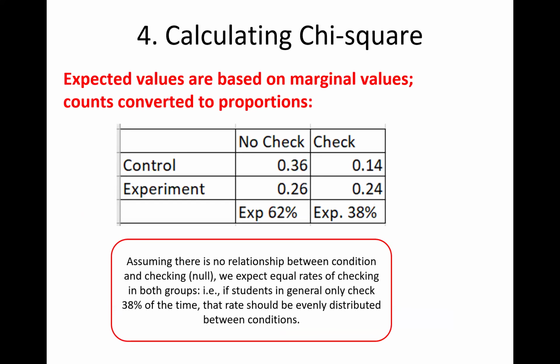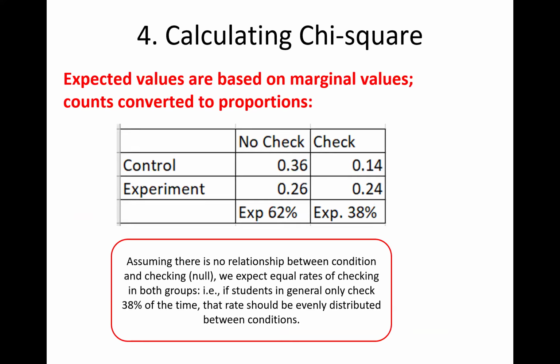Okay, so I've written these as proportions. 0.36 in the control, didn't check. 0.26 in the experiment, didn't check. 0.14 in the control, did check. 0.24 in the experiment, did check.